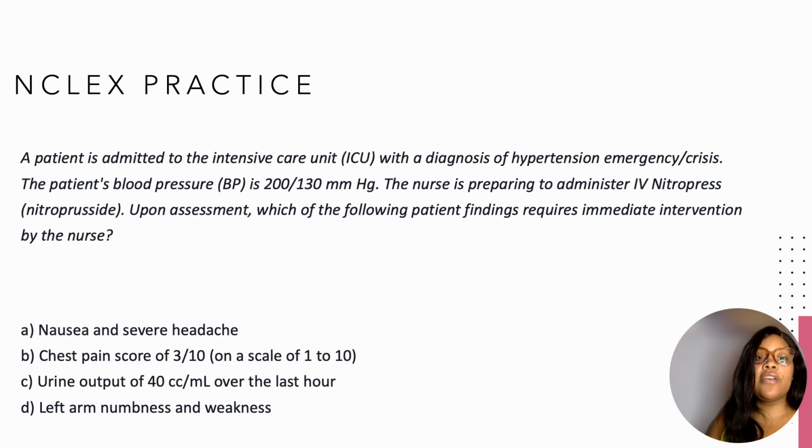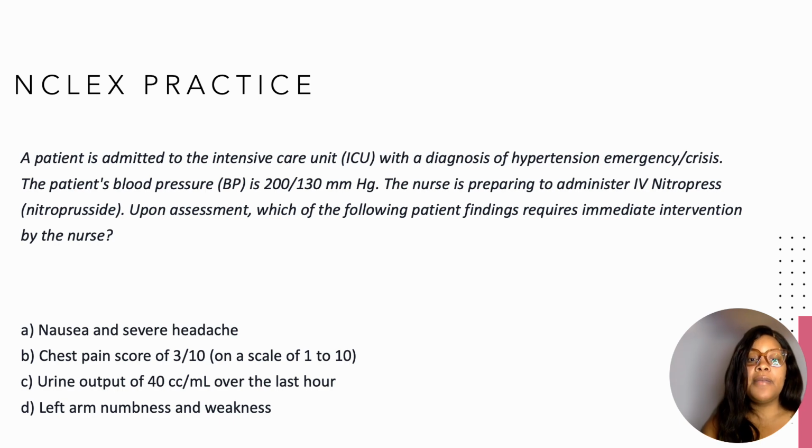All right, so if you chose D, you are correct. The finding of left arm numbness and weakness may indicate that the patient is experiencing neurological symptoms associated with a stroke. Remember that a patient in hypertensive emergency will have that high blood pressure and organ damage signs and symptoms.